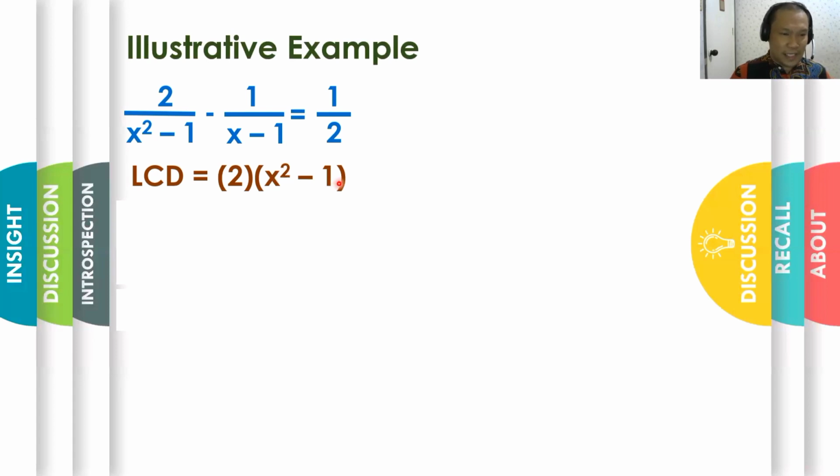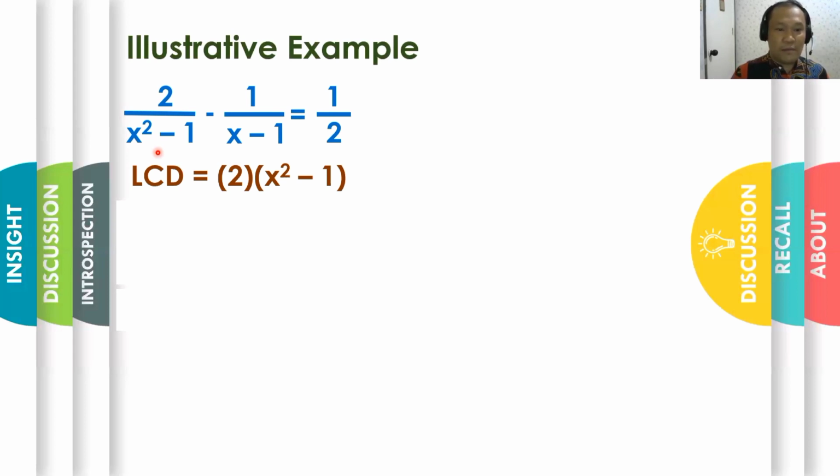Now, why is it? Because, remember, in the previous exercises that we had, the factors of x squared minus 1 are the following: x minus 1 and x plus 1. x minus 1 is similar to one of the factors of x squared minus 1, which is x minus 1. That's why we are just going to treat it as a single factor.